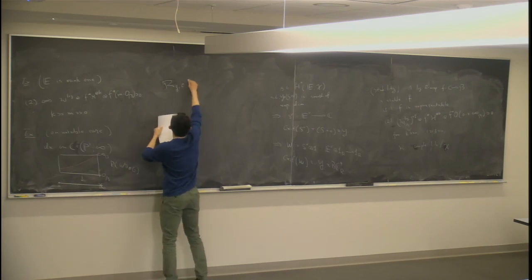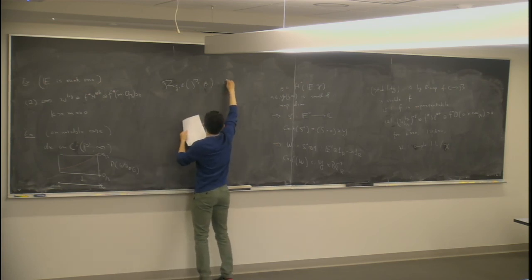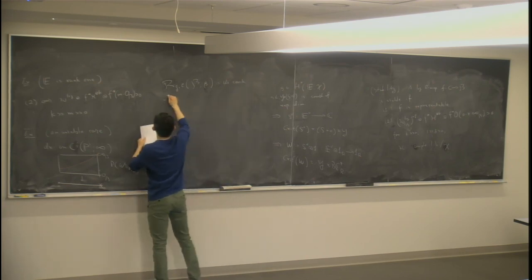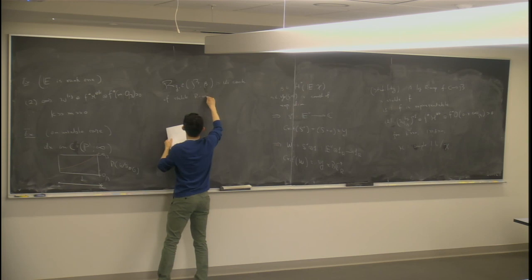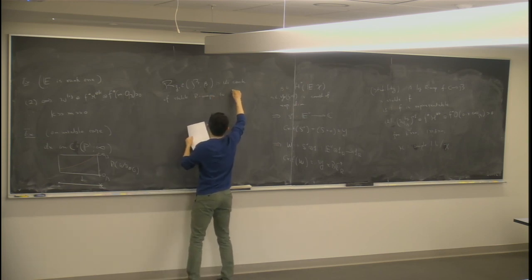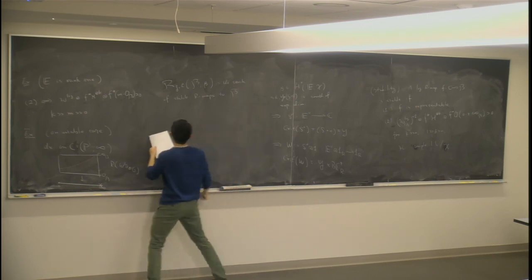Okay, so this is the stack of stable R maps to the target. I'm not going to specify BC star R because that's universal.